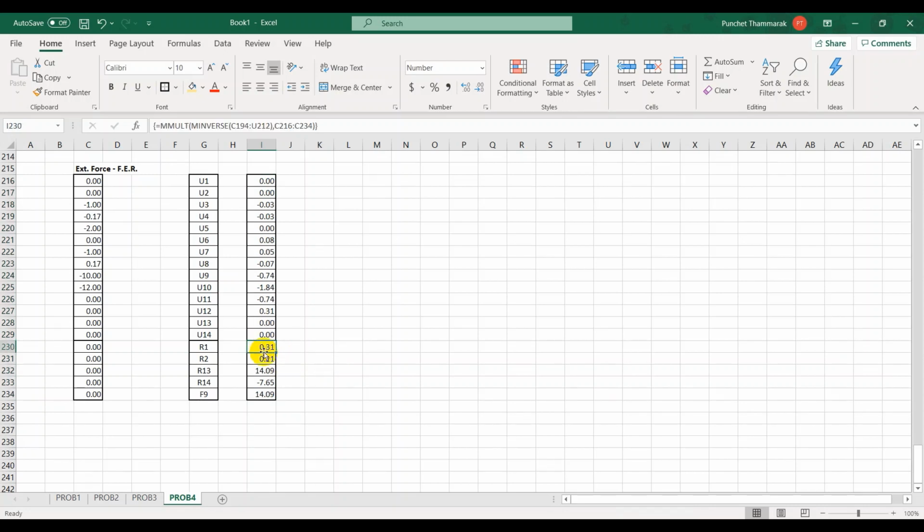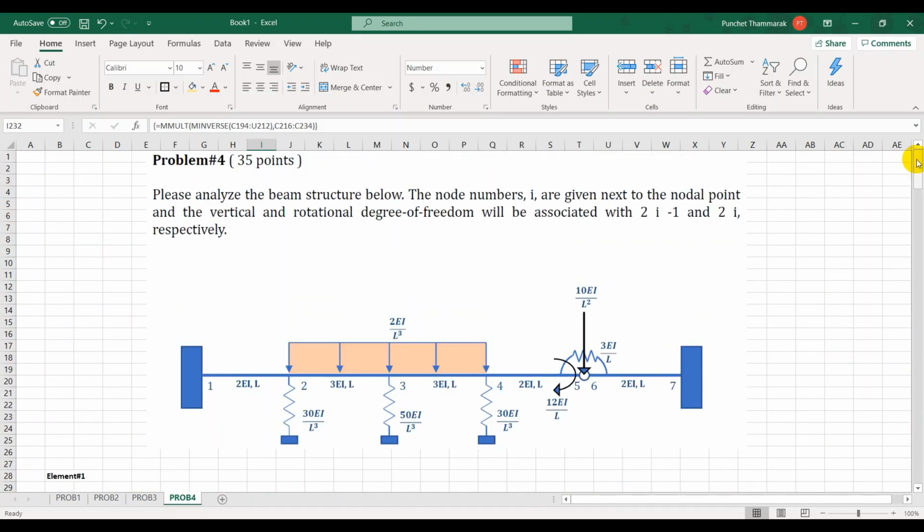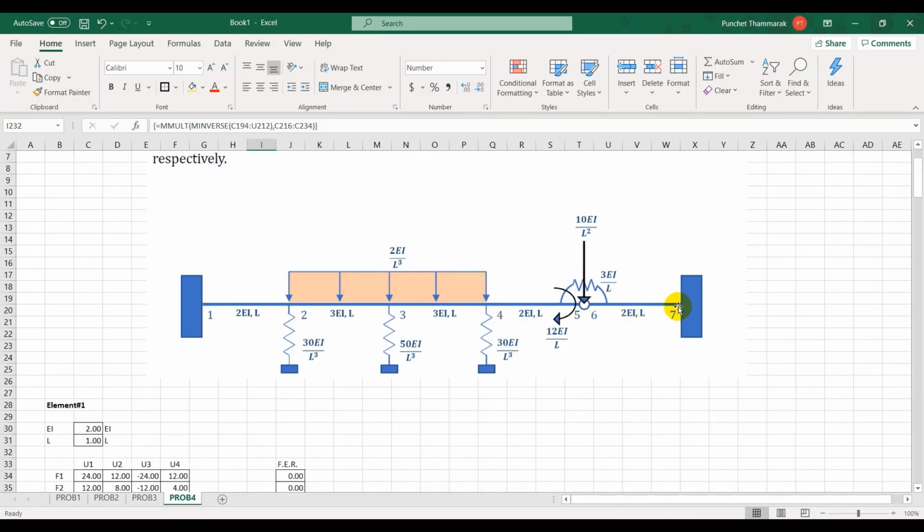So we have reaction R13 and R14 is huge. Why is it huge? Let's see. Okay, yeah, you see this point force is coming in here. This part is deformable, so a huge force is coming into this side, and basically this side is not as stiff.